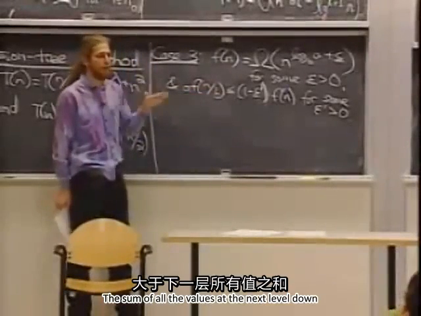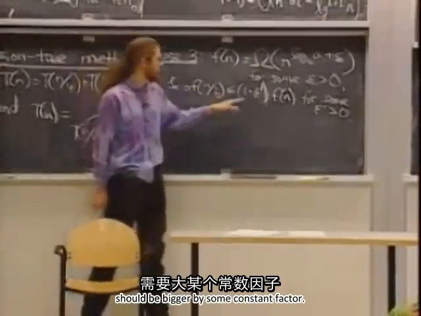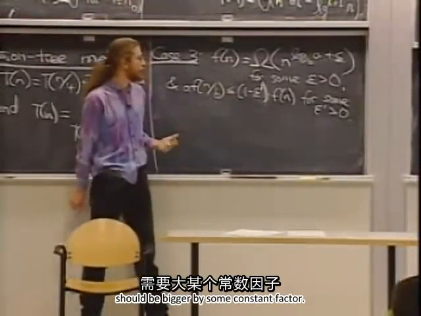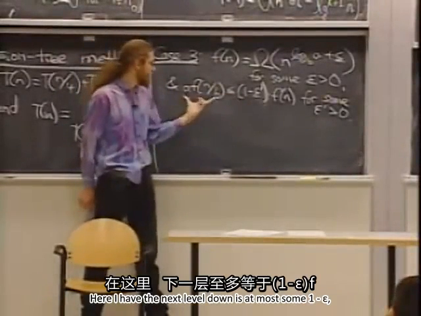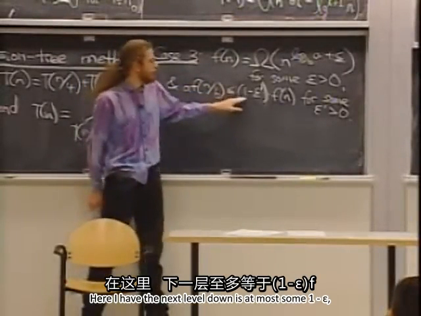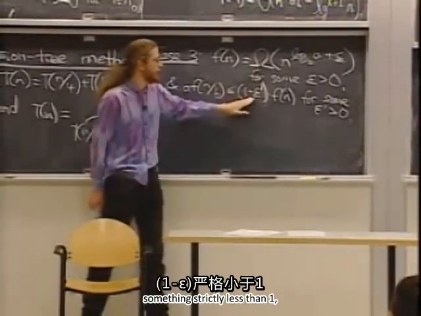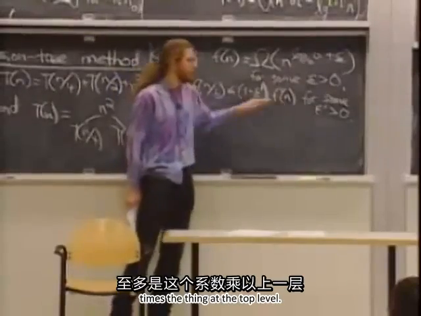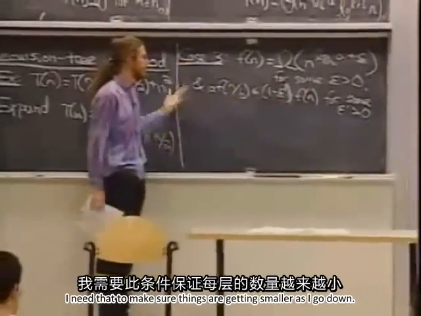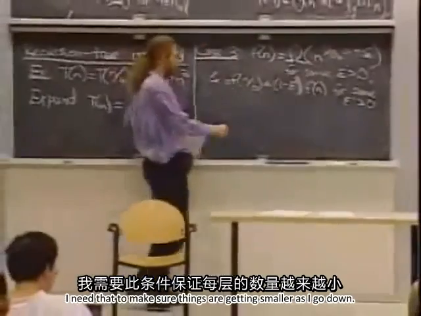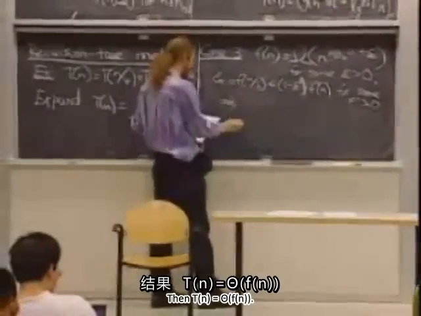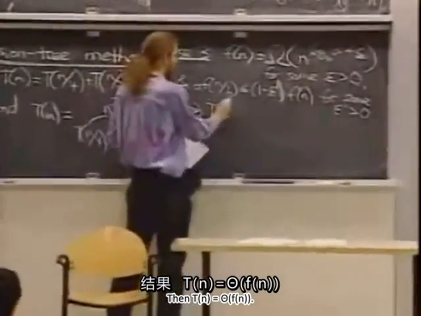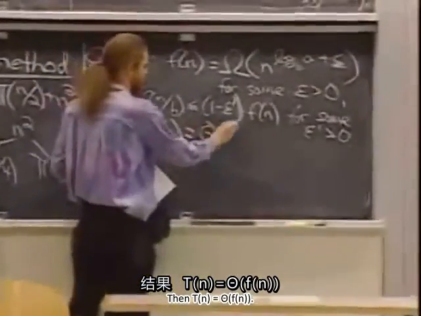The sum of all the values at the next level down should be smaller by some constant factor. So here I have that the next level down is at most some 1 minus epsilon, some constant strictly less than 1, times the thing at the top level. Okay, I need that to make sure that things are getting smaller as I go down. Then T of n is theta f of n.